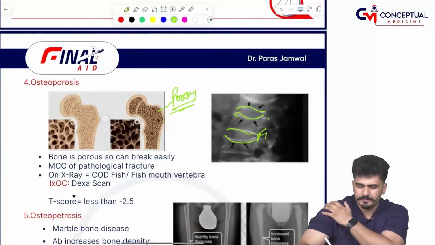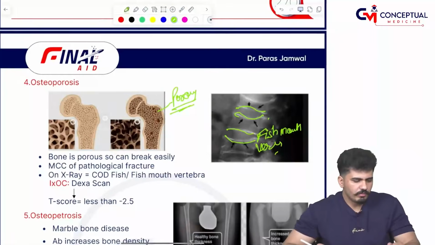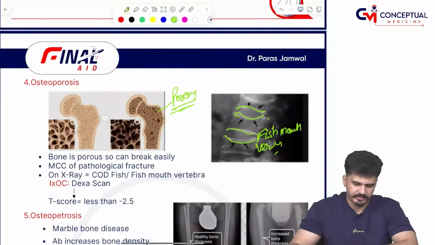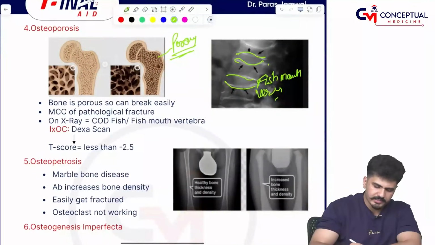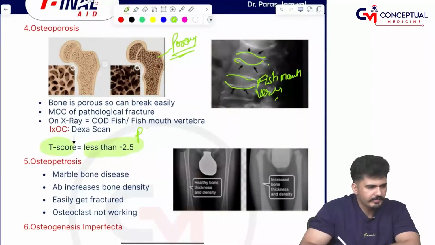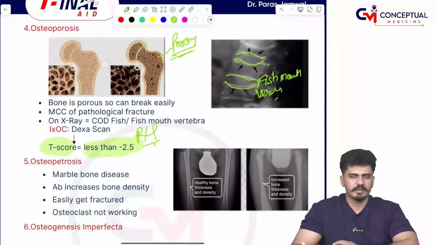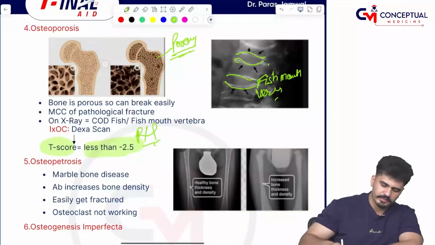So this bone is prone to fractures. Now, sir, on the DEXA score you are going to measure the T score, and here it is less than minus 2.5, again another previous year question.